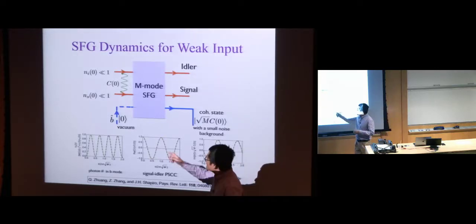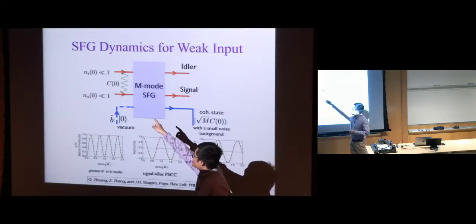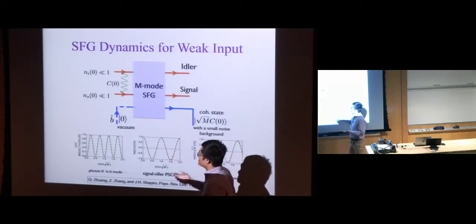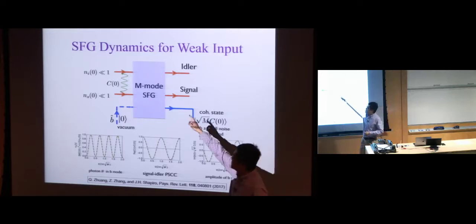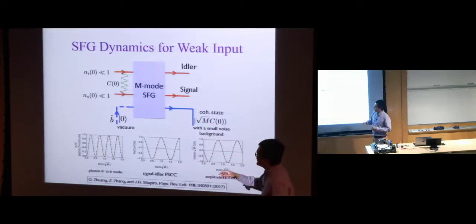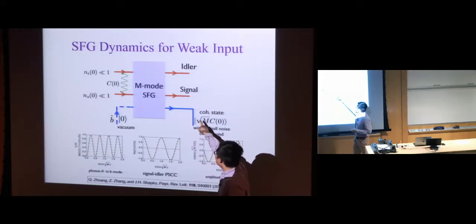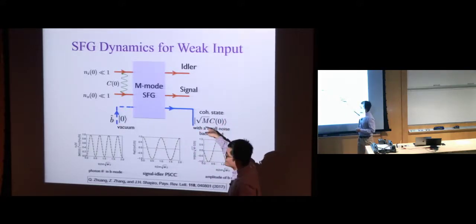If your reference mean photon number is much less than 1, and these two arms have mean photon number much less than 1, but there is a correlation, now you have coherent conversion of this correlation with a photon number in this ancillary mode.